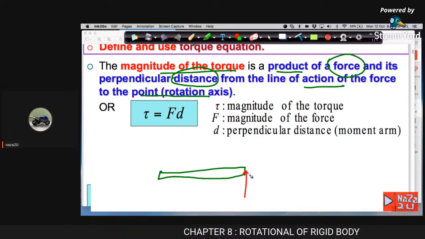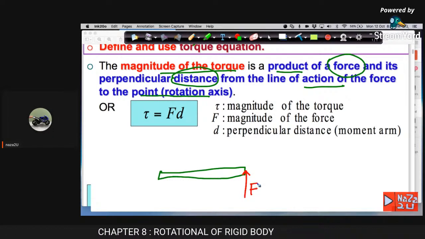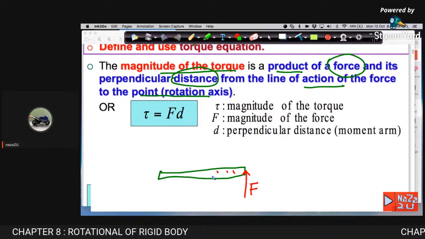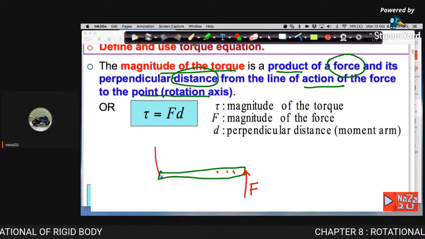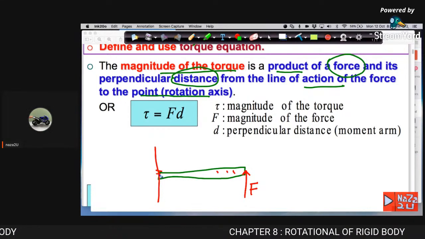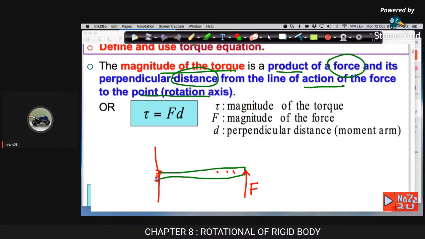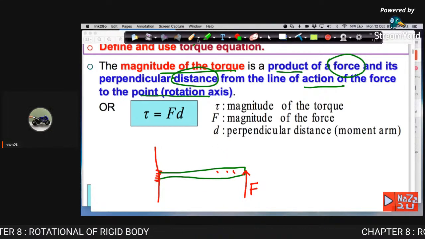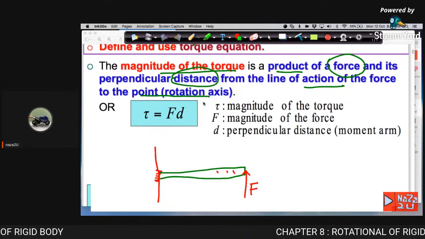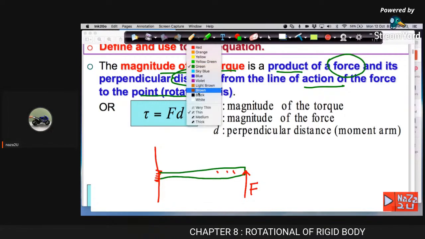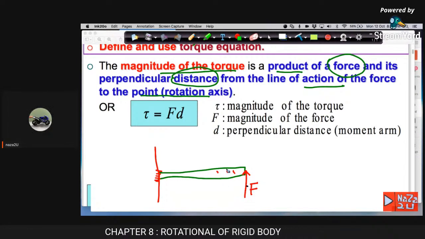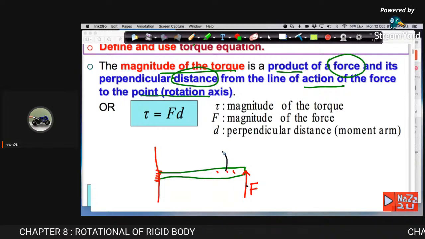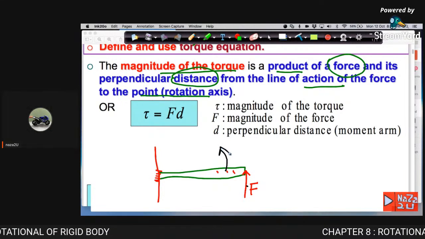Okay, so an external force F acts on the object. Let's say the object ini kita lekatkan kita katakan sebagai pivot point di dinding, and after the force acts on the object, the object starts to move.